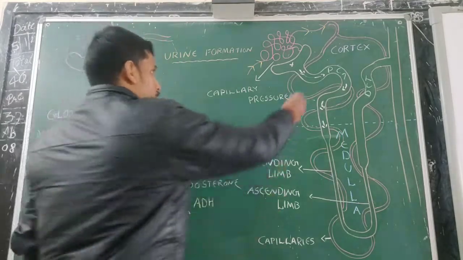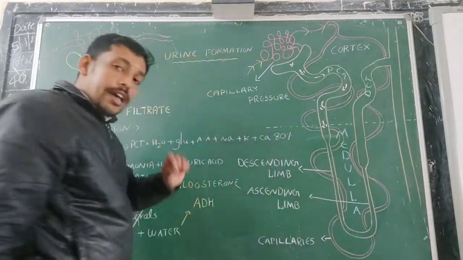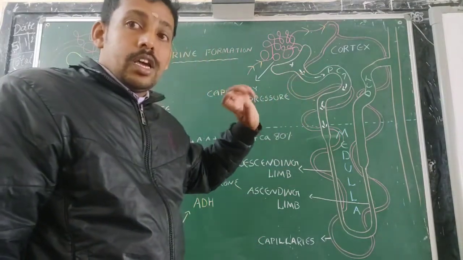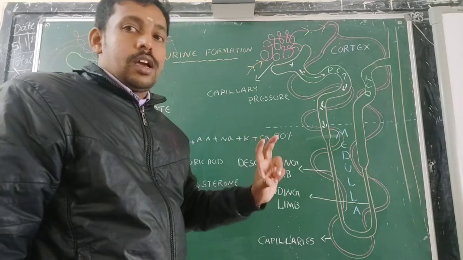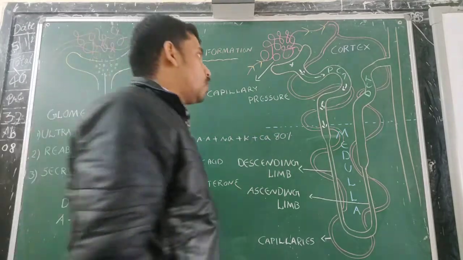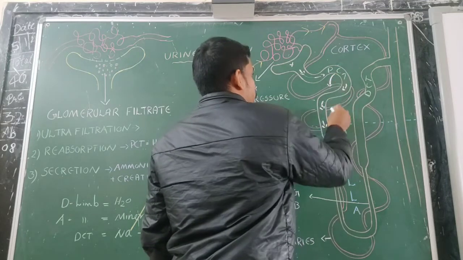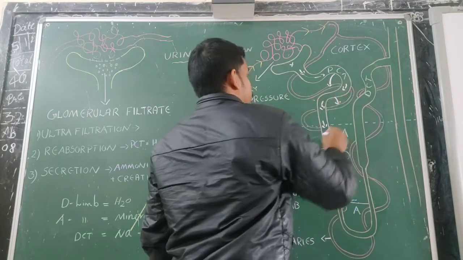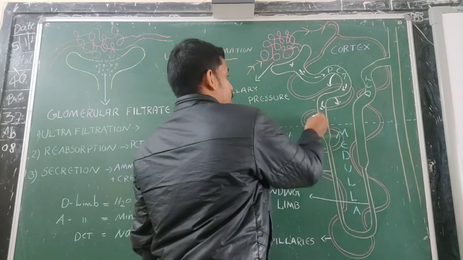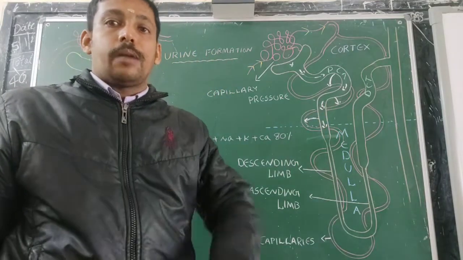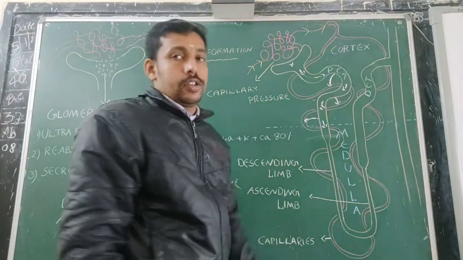The wall of the renal tubule will reabsorb essential components into the surrounding blood vessels, and these blood vessels are known as the peritubular capillaries.